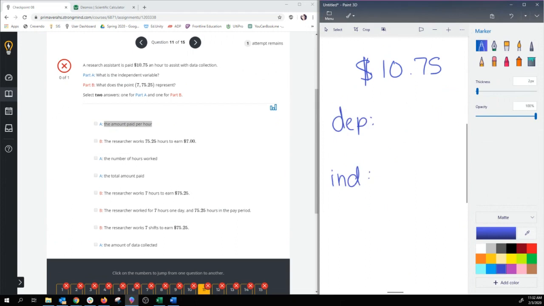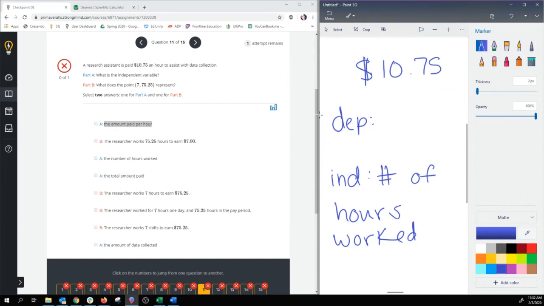So independent means regardless of what happens, this doesn't change. So if I work 2 hours, nothing can affect time, right? Time is always going to be constantly moving. Nothing can stop it or pause it or make it go faster or make it go slower. So my independent variable here is going to be the number of hours worked.